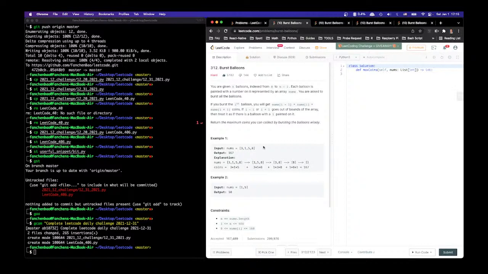Now this solution says if you remove 5, the maximum coin obtained from 318 is the same as the maximum coin obtained from 315 plus 58. Why?